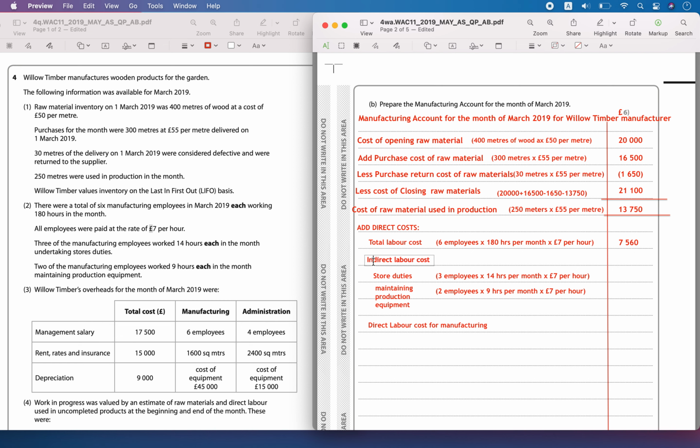Now less the indirect cost. We have to reduce the indirect cost to get the direct labor cost. So what are the indirect labor costs? That is going to be equal to 3 into 14 into 7, that is 294 pounds.